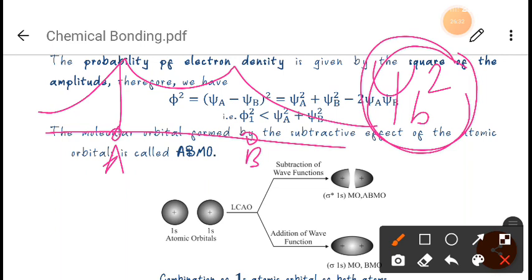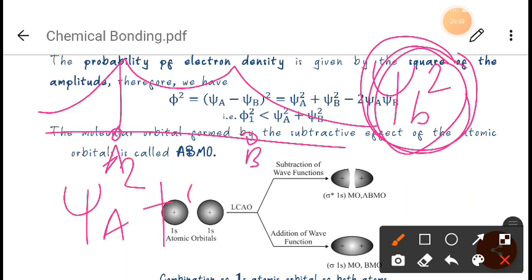Now it is clear that the charge density of the molecular orbital, psi b square, is greater than the sum of the charge density of the two isolated atoms, psi a square plus psi b square, right?